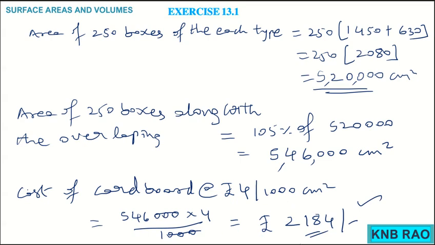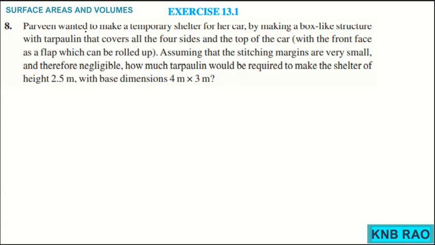Okay. Then moving on to the last question of this exercise 13.1, the eighth question. Parveen wanted to make a temporary shelter for her car by making a box-like structure with tarpaulin cloth that covers all 4 walls, that is 4 sides, and the top of the car, with the front face as a flap which can be rolled up.